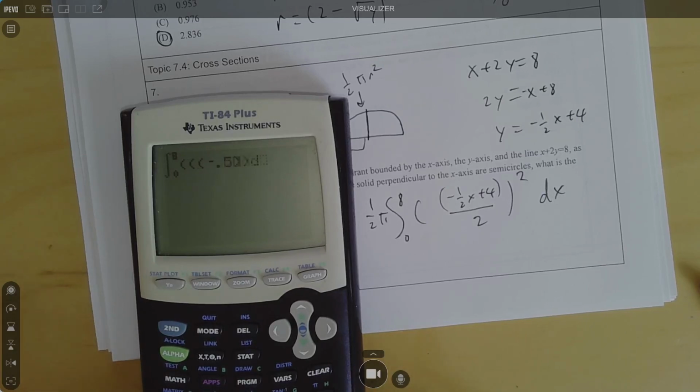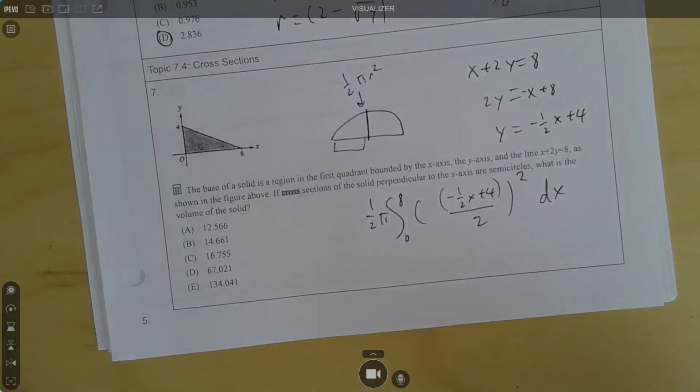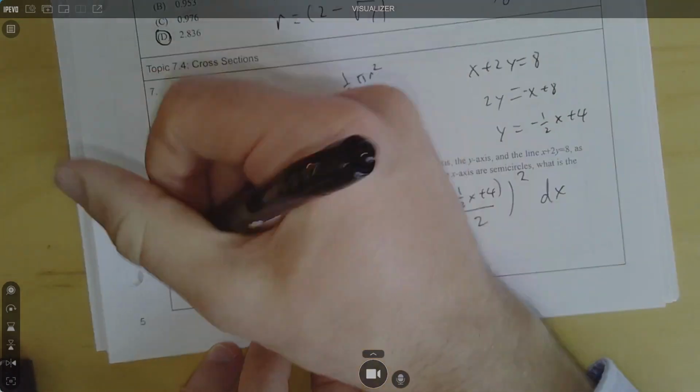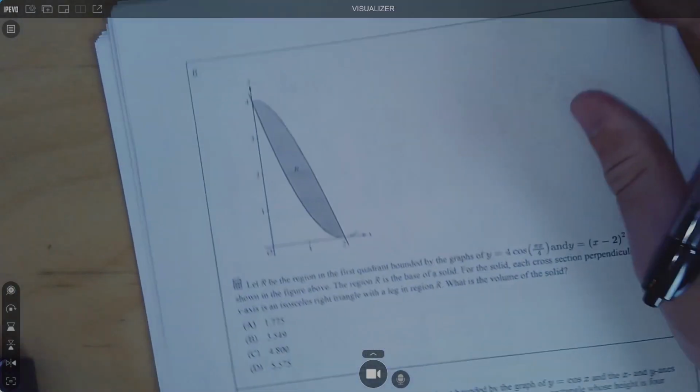Negative 0.5 x plus 4 all divided by 2 squared dx, and then divide by 2, and then times pi. 16 point, there it is, C. Okay, nearly done with the calculator section here.